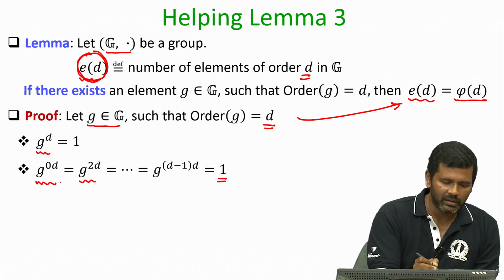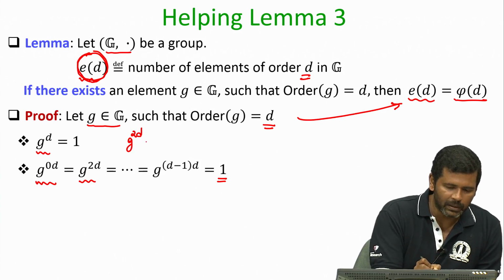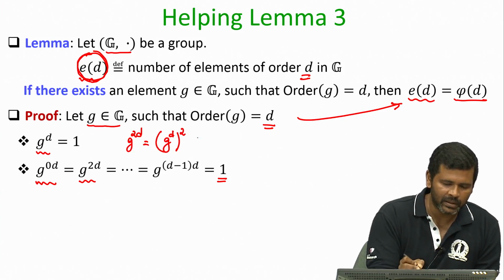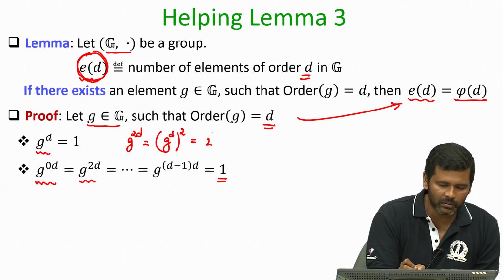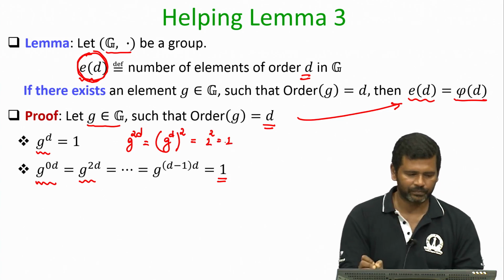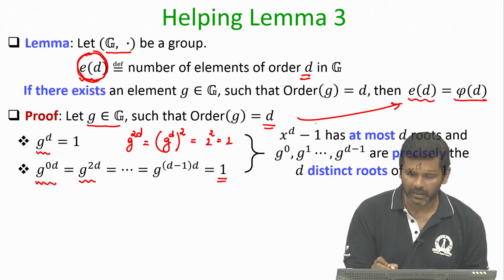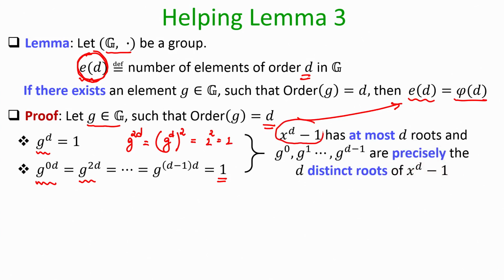Say for instance, g power 2d can be rewritten as g power d, raised to the power 2. g power d is 1, so it will give 1 squared, and 1 squared is 1. That means, if I take the polynomial x to the power d minus 1 over the group G, I have shown here that the elements g power 0, g power 1, up to g power d minus 1 are d distinct roots of this polynomial x power d minus 1.